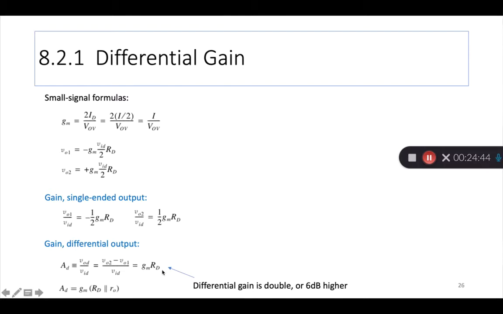But if that RO cannot be neglected for whatever reason, then you have to put RD in parallel with RO to get the gain. So these formulas are important: the differential output gain and the single-ended output gain.